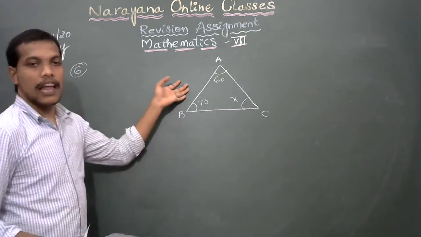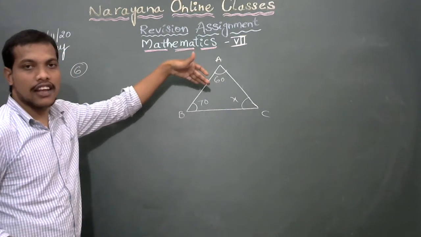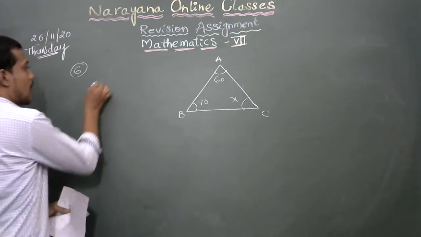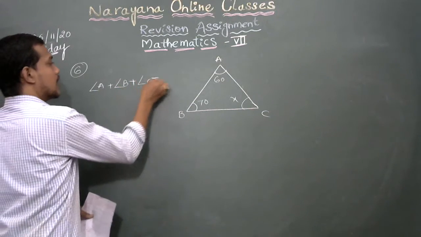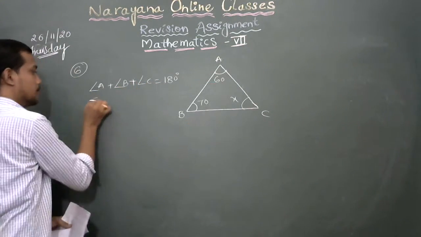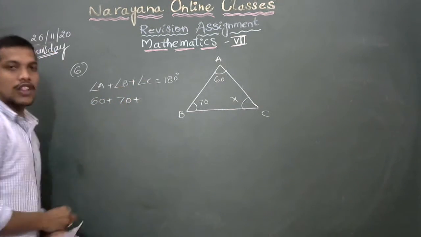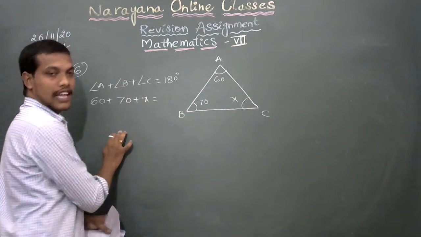We know the sum of interior angles in a triangle is 180. So angle A plus angle B plus angle C equal to 180. Angle A is 60, angle B is 70. We don't know the value of angle C, so in its place we can keep x.